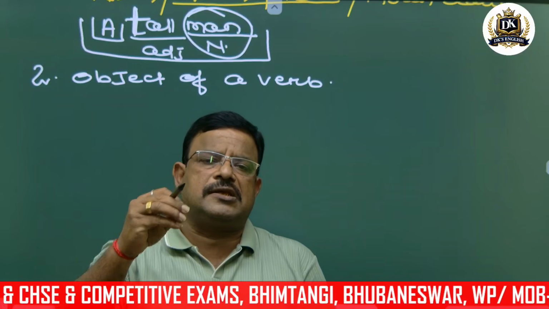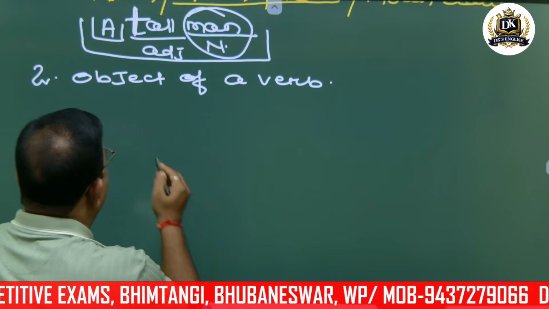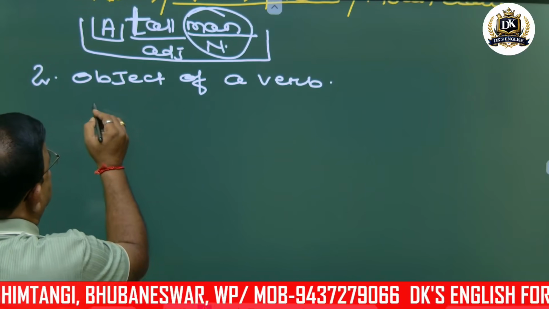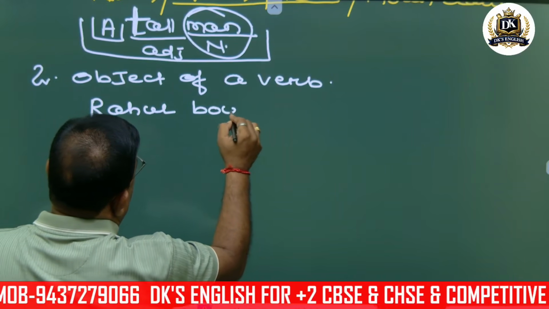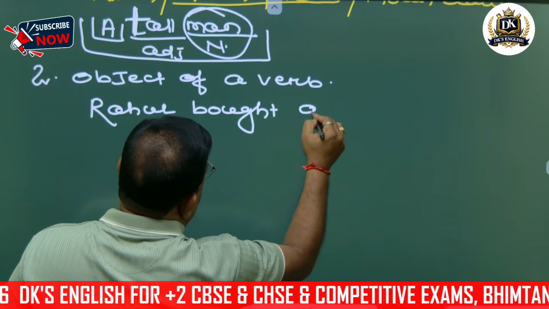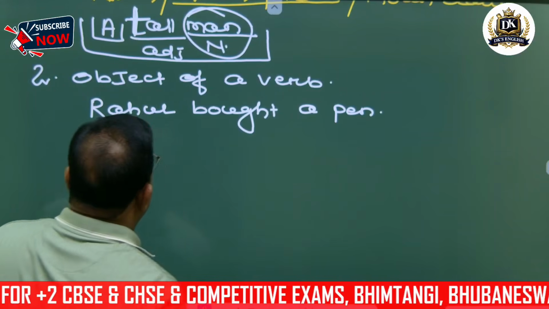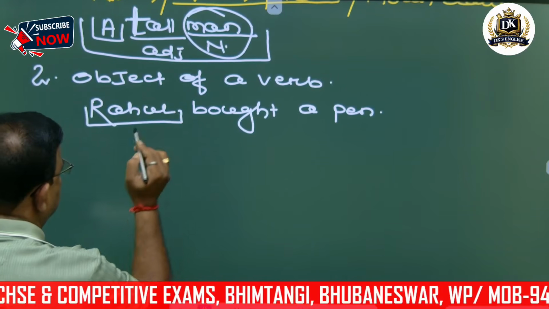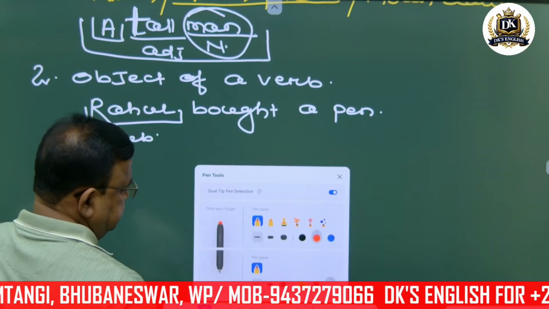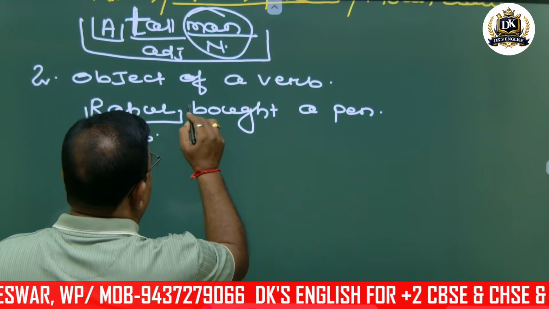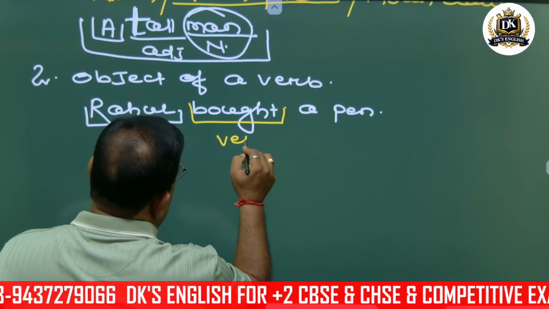So when it is used as the object of a verb, I write the same sentence: Rahul bought a pen. Here Rahul is the subject of the sentence, and here it is the verb.